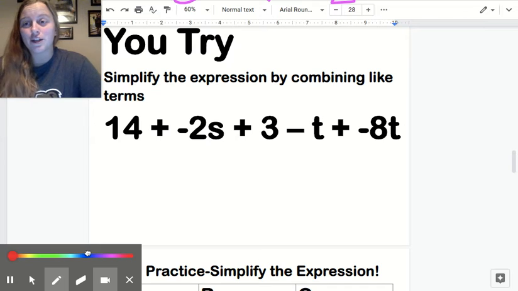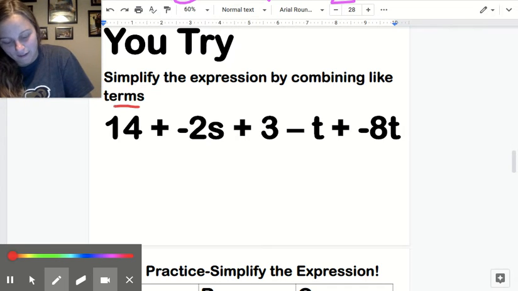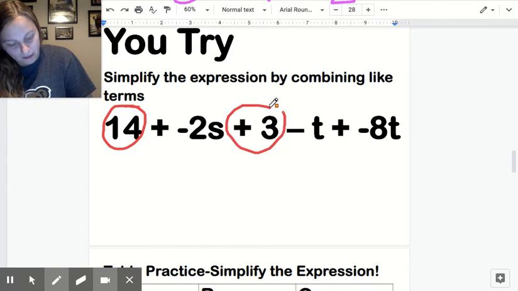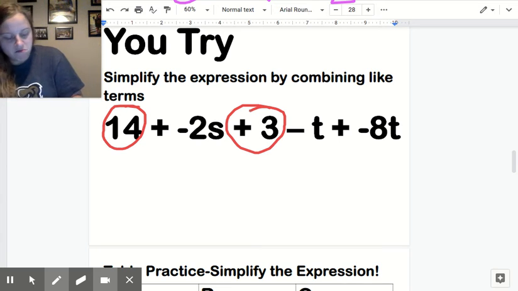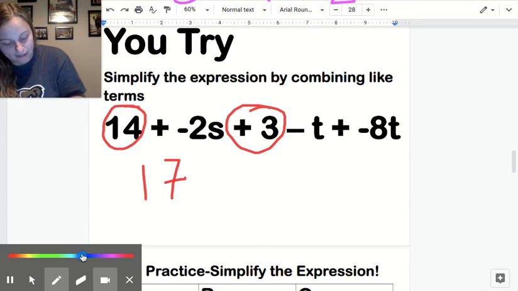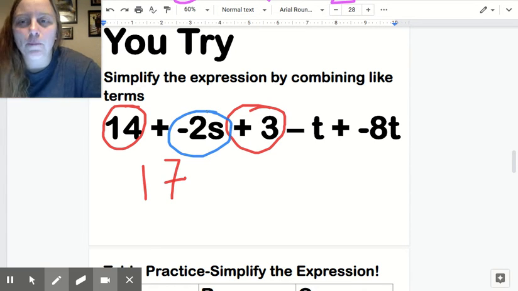So I'm going to start here with my constants. I see I have a 14 and a plus 3. I don't see any other lonely numbers. So I'm just going to go 14 plus 3. That's a 17. Then I'm going to move on to my s's, mainly because that's what's next. I have a negative 2s. That plus out in front doesn't really mean anything.